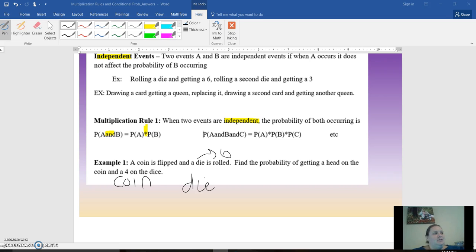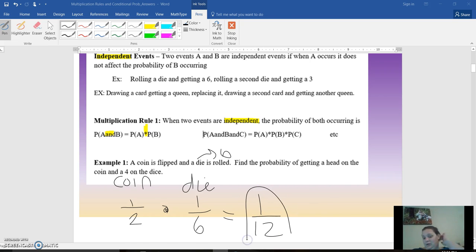So if it's 6 sides, it goes up to 6 dots. The probability of getting a head on the coin is 1/2, and a 4 on the die happens 1 out of 6 times. We have the word and, so that means we're going to multiply. 1 times 1 is 1, 2 times 6 is 12, and so we get 1/12.